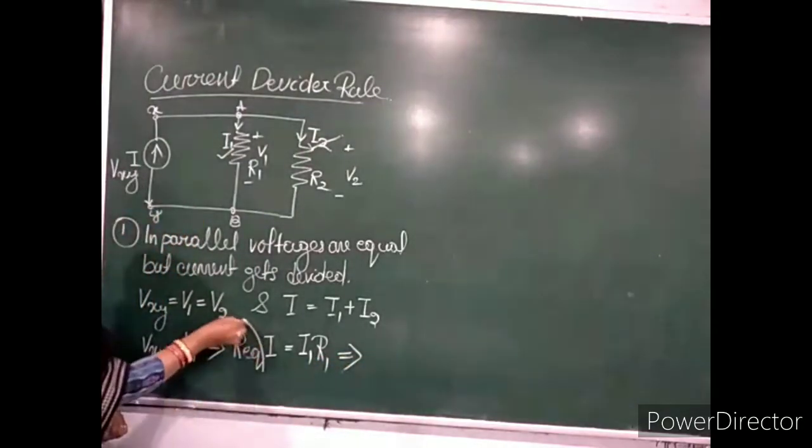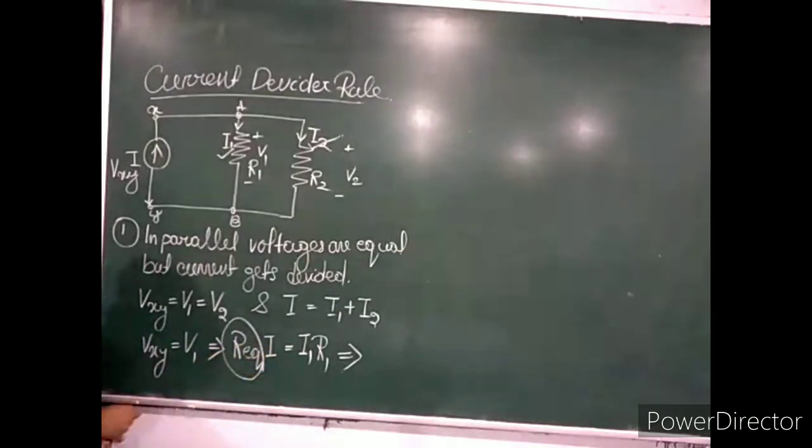Here you find R equivalent by using the property of a parallel circuit. As you know, the property of a parallel circuit says that reciprocals of resistances, or conductances, are added.